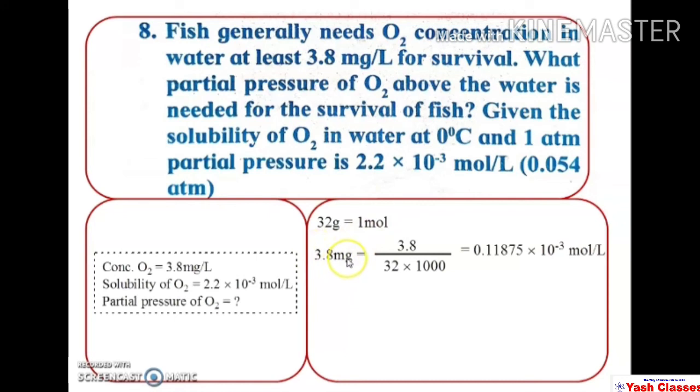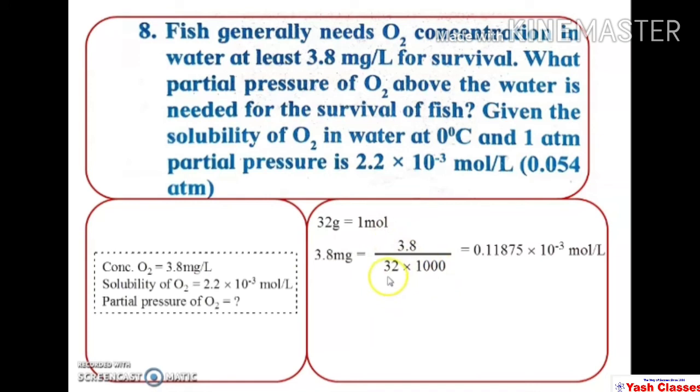Therefore, 3.8 milligram of oxygen, which is required for the survival of fish, corresponds to how many moles of oxygen? So first of all we are converting this 3.8 milligram into moles. So this is just cross multiplication. So 3.8 into 1, that is 3.8 upon 32. Actually here 32 is in grams and 3.8 is in milligram. Just to convert 32 gram into milligram, we are going to multiply by 1000.